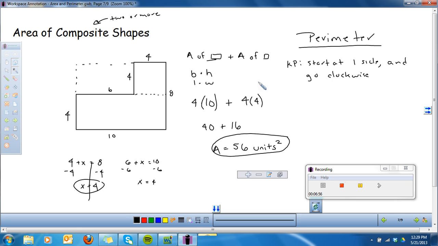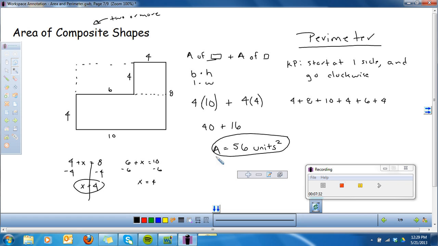So I'm going to start at the 4. I'm going to say, okay, 4 plus, going clockwise, 8 plus 10 plus 4 plus 6 plus 4. By doing that in order, I made sure that I didn't forget any of the sides.